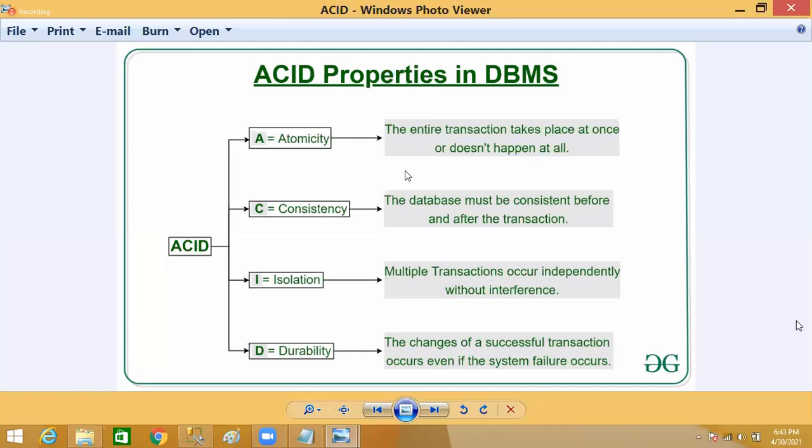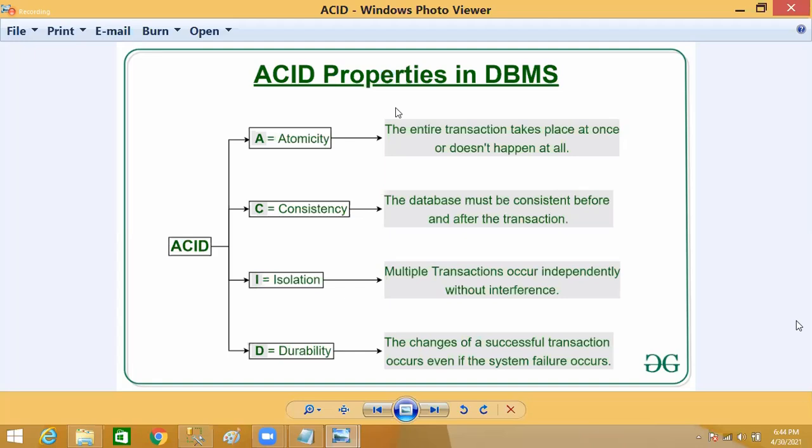That means all the internal operations we perform in a transaction are taken as one transaction: either committed or canceled.